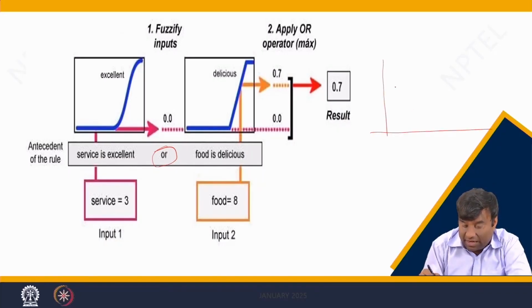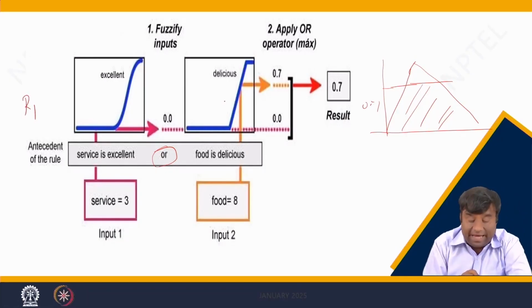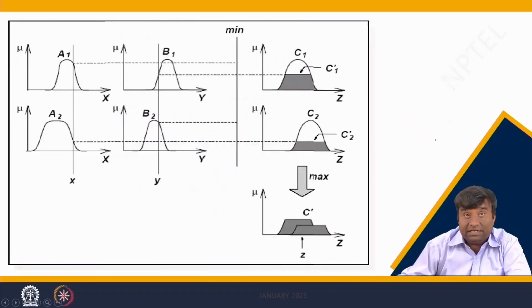Suppose this is another fuzzy set, so this value is 0.7, and we consider this as part of rule R1. This is x, this is y, the connection is or, so we take the maximum value, and then we get C1.